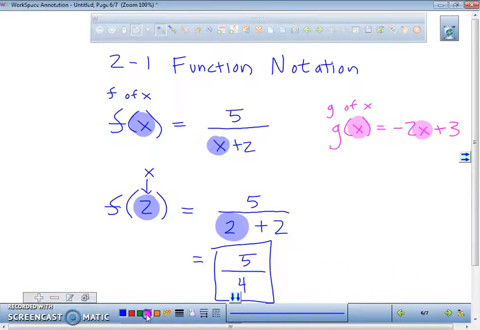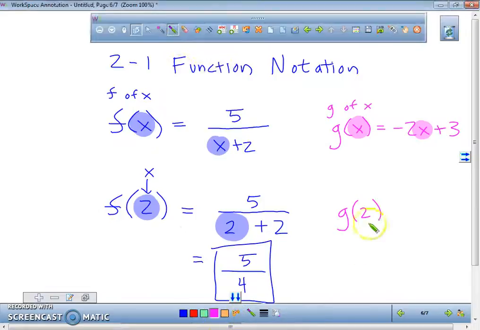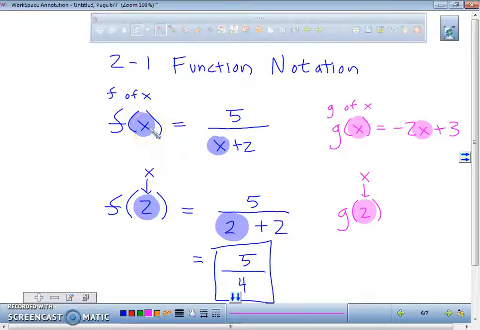Now let's say I gave you a problem that said g of 2, not f of 2. Once again, what am I telling you to plug in? I'm telling you to plug in the number 2 wherever you see an x, not in this function, but in the function g of x.